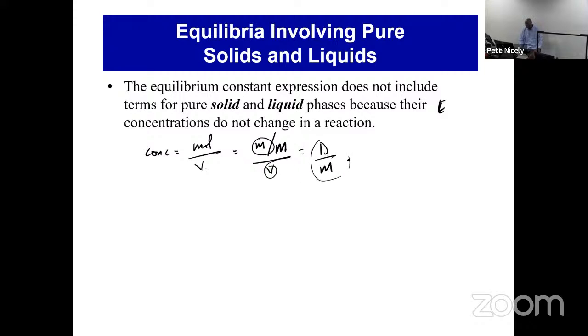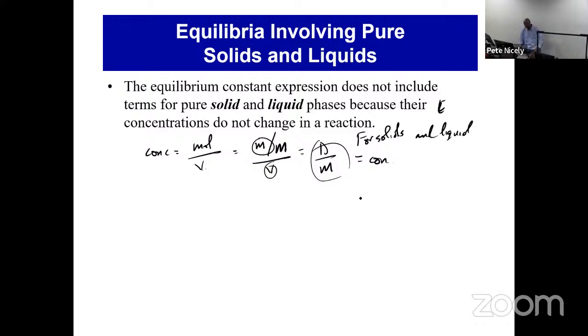And the thing about this expression for solids and liquids, this expression is a constant, right? And that's because for solids and liquids, density is considered to be a constant, even though it does change, but ever so slightly. And M, the molar mass, is also constant.